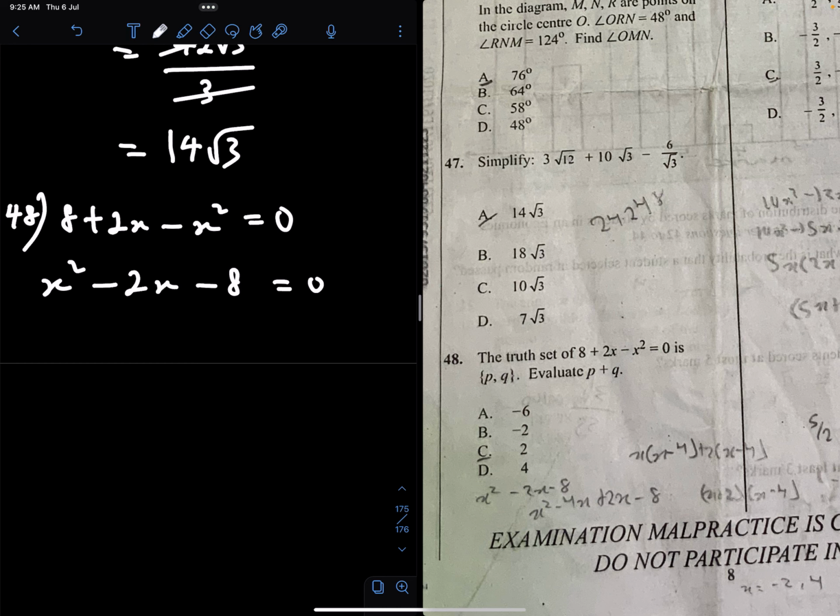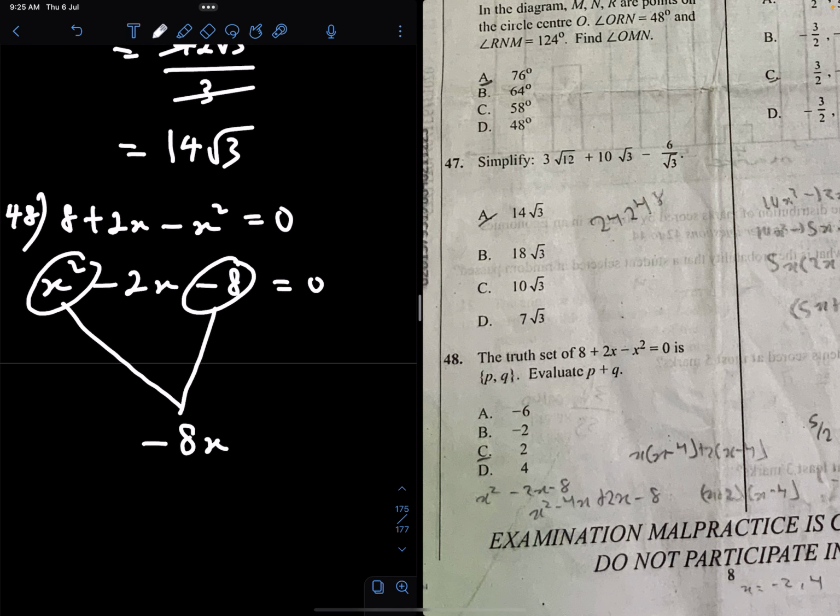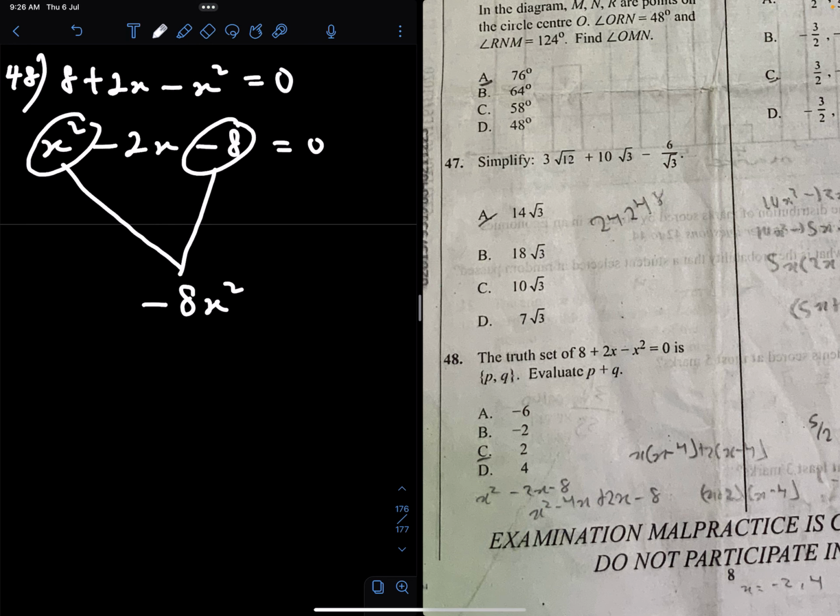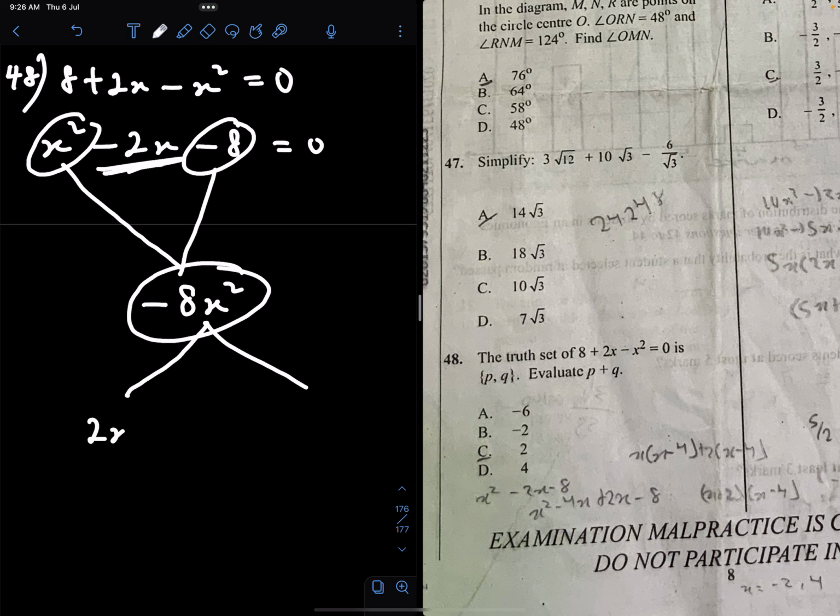So that simply means, what do you do here? Multiply minus 8 by x squared. Minus 8 times x squared is minus 8x squared. I'm trying to solve it by the factorization method. Now think of two factors whose product is minus 8x squared and whose sum is minus 2x. And those factors will be 2x and minus 4x.